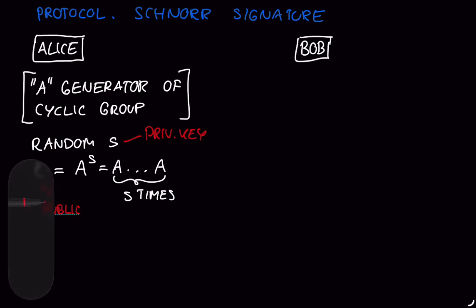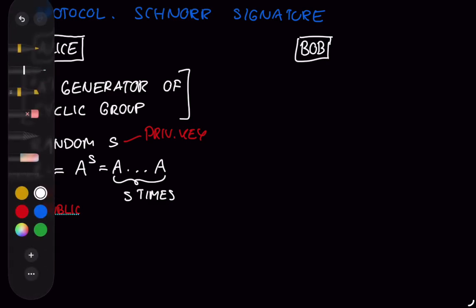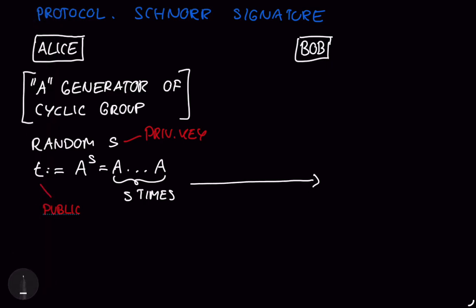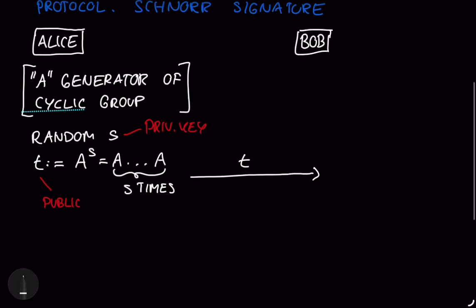And like always, after generating the public key and the private key, we need to transfer the public key such that Bob can be sure that T is really a valid public key of Alice.